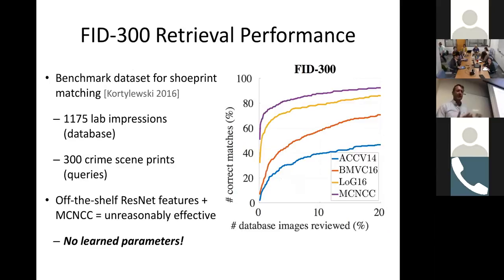So the way we evaluate this is using a benchmark data set assembled by Adam Karolewski at Basel. This data set consists of around 1,000 lab test impressions, which we're thinking of as our database. And then there's a set of 300 crime scene prints, which are the queries. For each of those crime scene prints, we can match it into the database and look at the following question: as we start sorting through the database in terms of match score, how many database images will we have to look at until we find the correct match for this print?